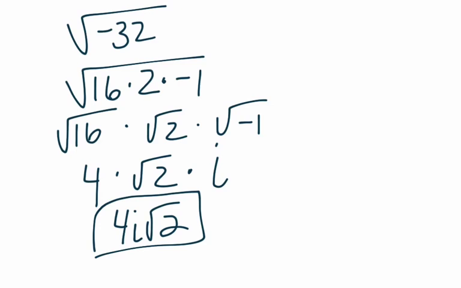Now, quick little story. When I learned imaginary numbers in Algebra 2, I hated them. I thought they were the stupidest thing ever. And as most of you know, my mom was a math teacher, and I have a clear memory of getting into the car after school when my mom picked me up and getting angry at her because apparently she was responsible for imaginary numbers. I just thought it was the stupidest thing. Wasn't there enough to do in math anyway without us making up numbers and making it worse?